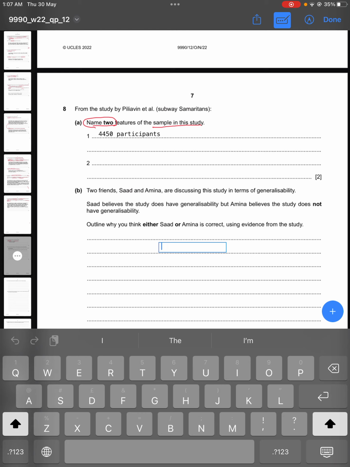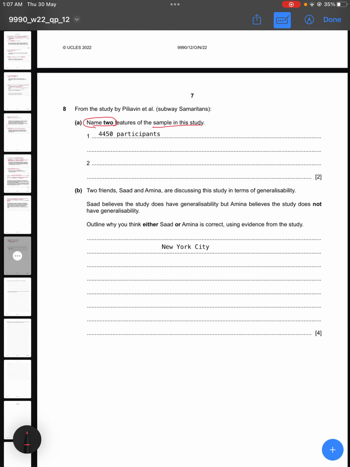And the next one can be they were all from New York City. You can also write any other 2. For example, they were all subway passengers. There were 45% black and 55% white participants. They were recruited through opportunity sampling, and the mean number of people per subway car was 43.